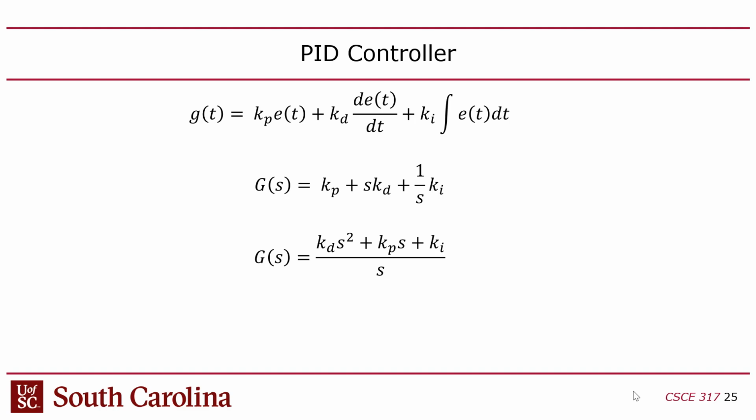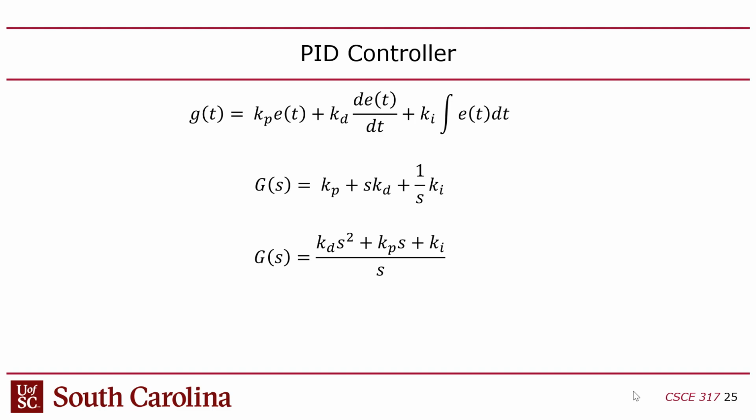But you end up with the transfer function being a ratio of two polynomials, which is Kd s squared plus Kp s plus Ki. Basically, you multiply this times s over s, which makes the 1 over s Ki term the last term here, Ki, right?